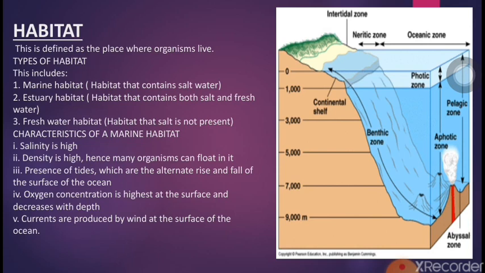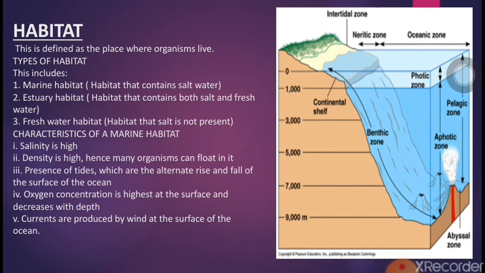The benthic zone is the zone below the continental shelf, and the littoral zone is the zone above the continental shelf. If you look, we have the intertidal zone, neritic zone, oceanic zone.